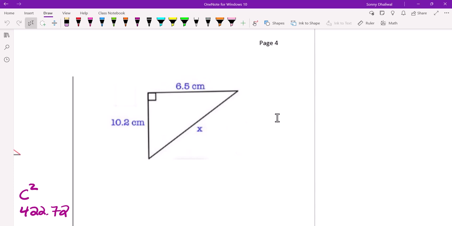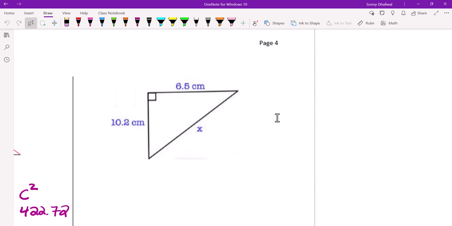The hypotenuse is the one that's most important to get right. There's three sides here. Is it the 6.5? Is it the 10.2? Is it the x? Which one is the hypotenuse? The x. Raise your hand. You've got to guess. I heard some people say x. All right.